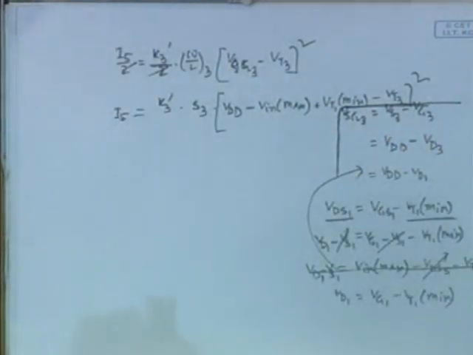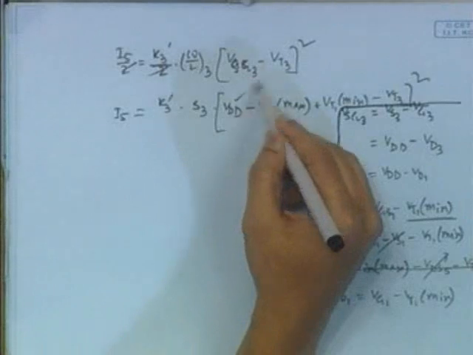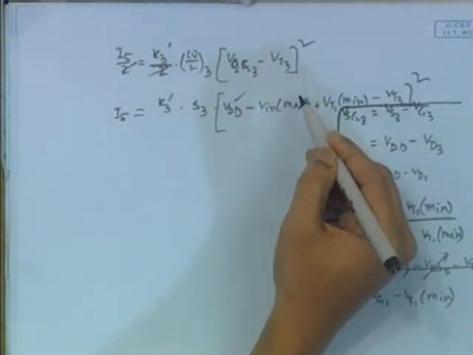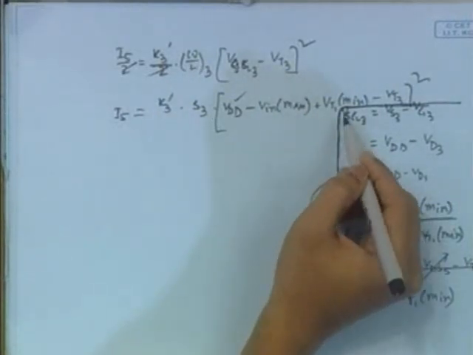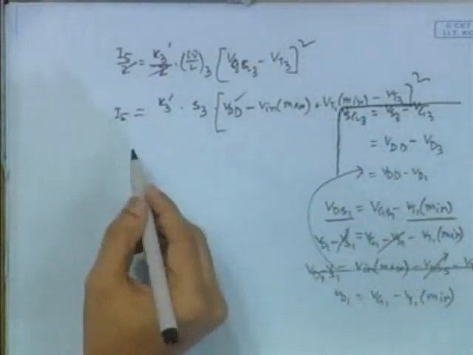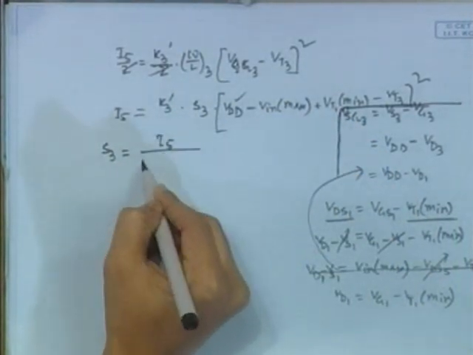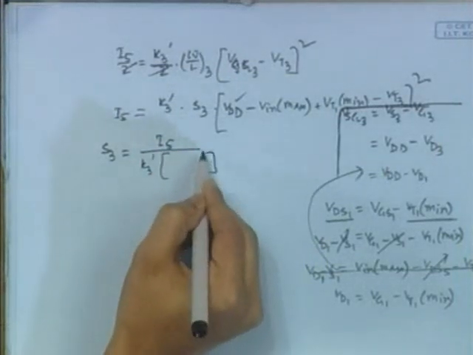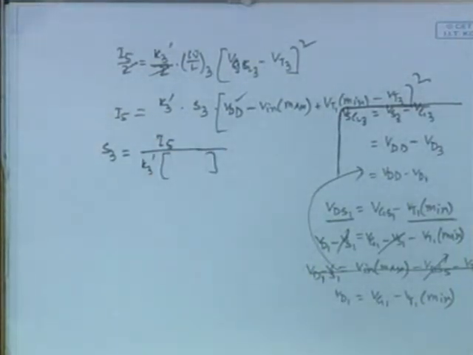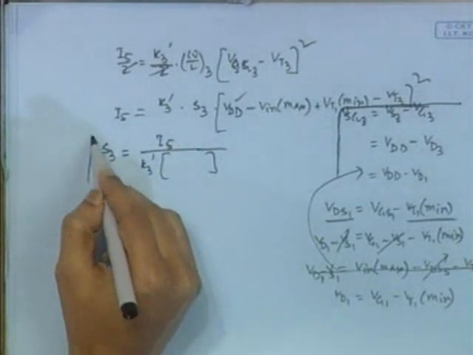So you can easily calculate S3, because I5, the tail current, is known to us. K3 dash, the product of mu and Cox, is known to us. VDD we know, Vin max we know, because these are all given in the specification. So S3 is known to us, that means I5 divided by K3 dash and this whole thing in the third bracket. Clear?